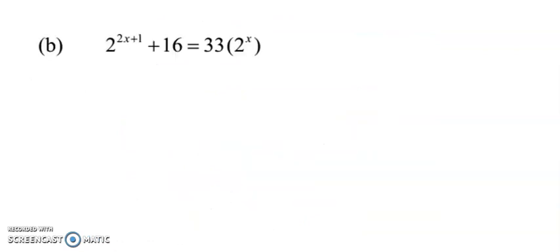For this question, we need to do some adjustment because we still can't see that this can be written in the general form of the quadratic equation. So firstly, I will separate this 2 power of 2x plus 1 into 2 power of 2x multiplied by 2 power of 1 using the laws of indices, plus 16, I just maintain it at 16, equals 33 times 2 power of x.